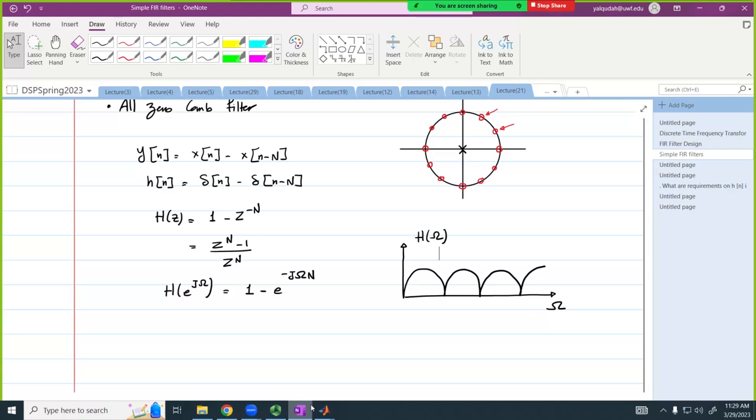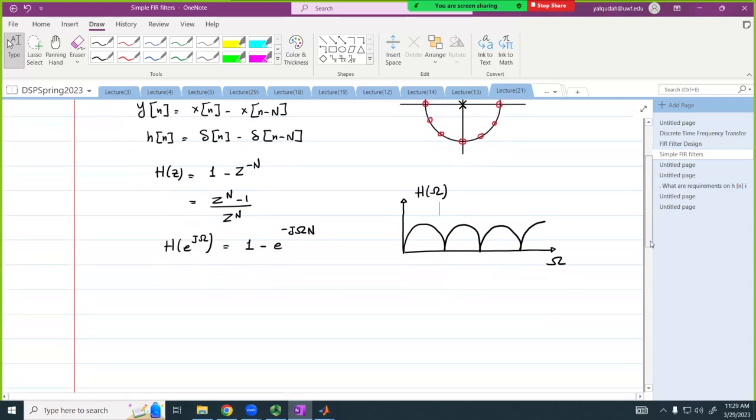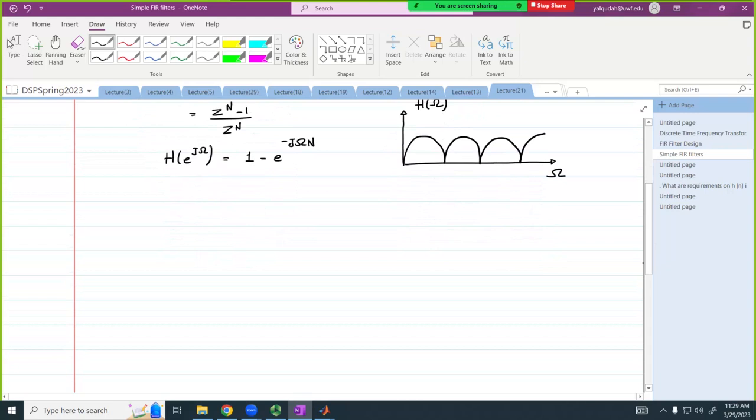But nevertheless, what we see here, the output is only a function of the input. There is no dependence on our previous output. And the next filter that we're going to look at is the sum filter.